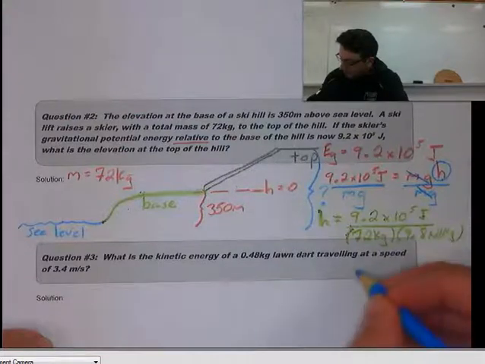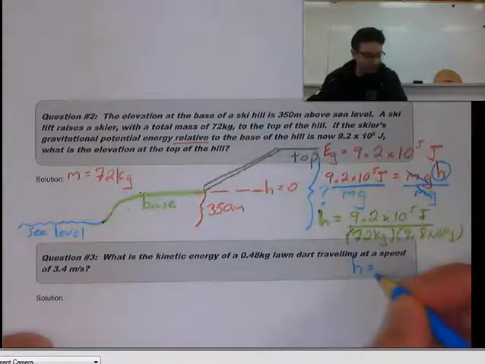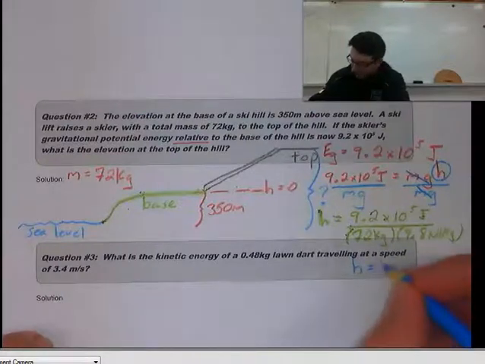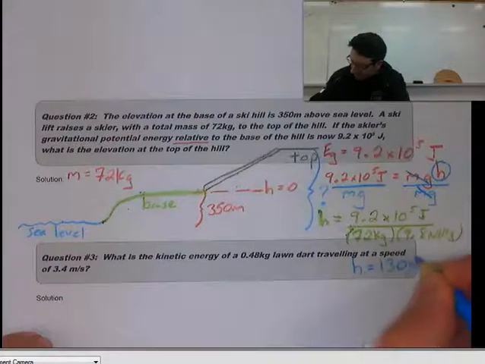So when you do that, you get a height of 1304 meters.